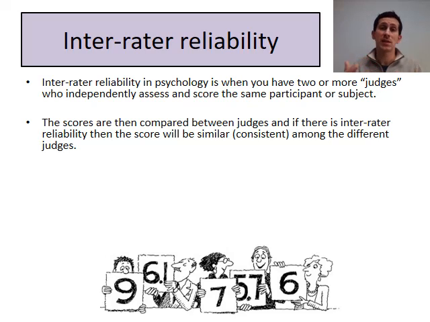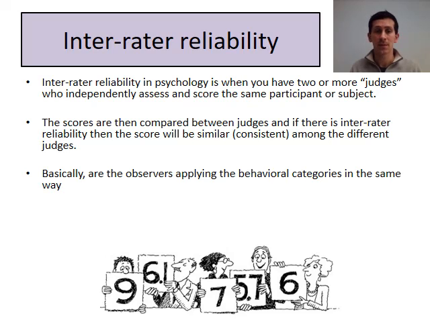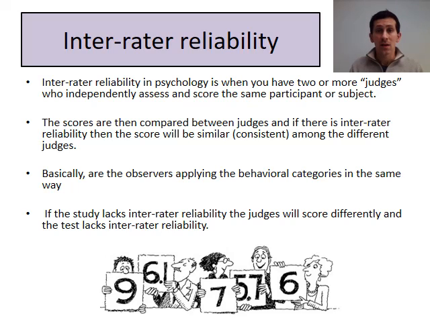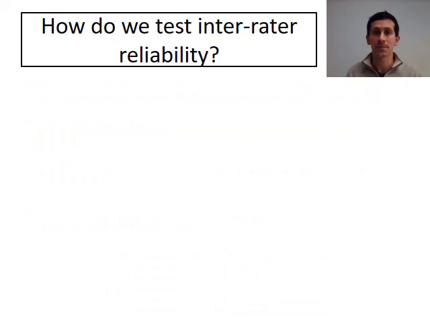And if those scores are very similar, and if they're consistent, if they correlate, the 2 scores from those judges, then we can say it has inter-rater reliability. Basically, we're looking to see if the observers are applying the behavioural categories in the same way. And if the study lacks inter-rater reliability, it means the scores that the judges have given are completely different. Okay, so they're very different scores, and therefore it lacks inter-rater reliability.